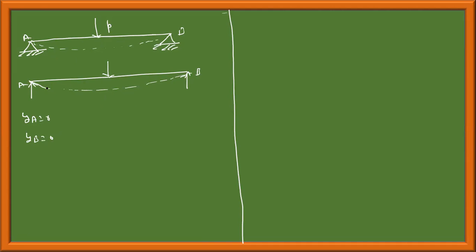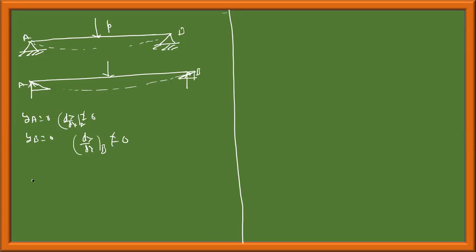But not the slope. Slope is given by dy by dx. For a pin support, the slope at A is not equal to 0. Similarly, the slope at B, dy by dx, is also not equal to 0. So for a pin support, at both ends the deflection is 0 but the slope is not 0.